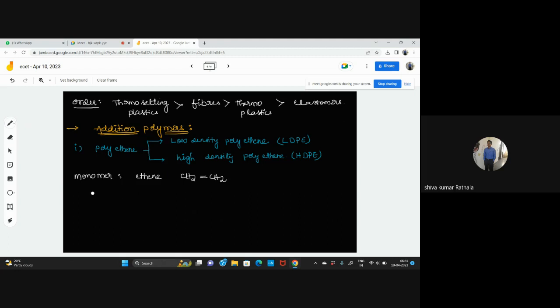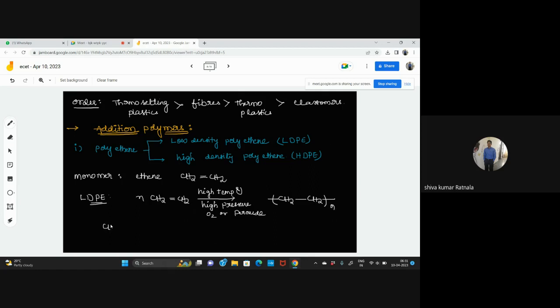For low density polyethylene, n molecules of ethene are taken at high temperature, high pressure, and O2 or peroxide conditions. We get polyethene. How?